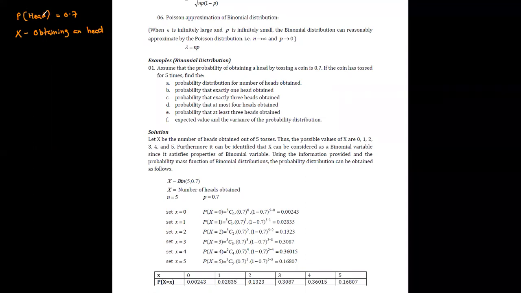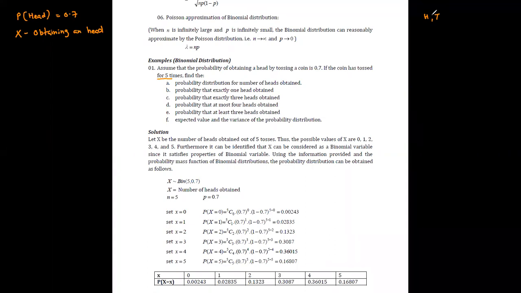Therefore, here also the probability of obtaining a head is given. Prior to this part, if I explain this matter, if you are tossing a coin, you may get either head or tail. Suppose the coin is tossed 5 times, it means a fixed number of trials. Therefore, we can model this using the binomial distribution, and we assume that all the trials are identical and independent.